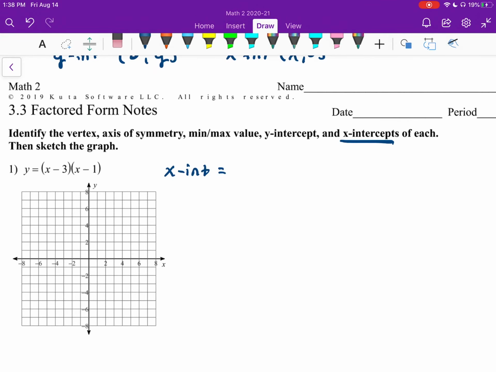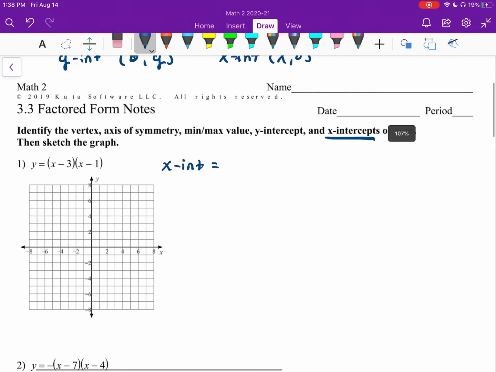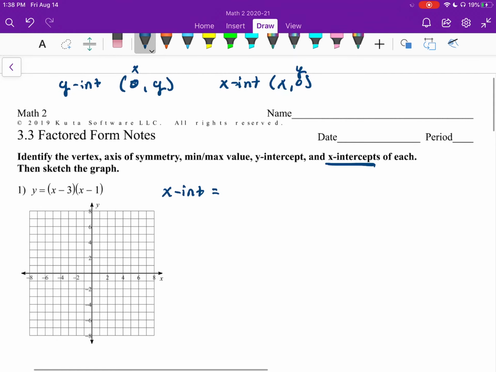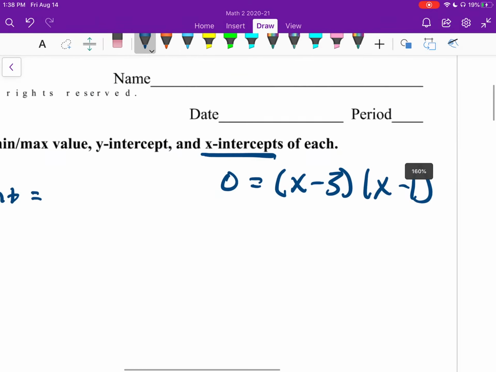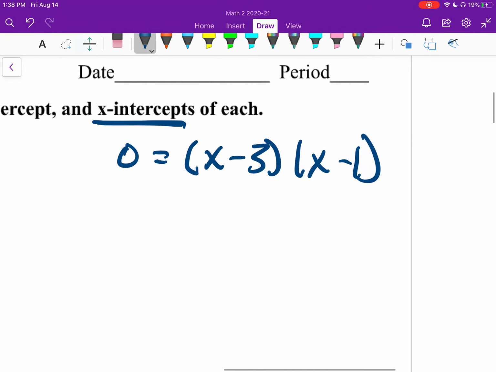Okay, so to start off finding x-intercepts, we're going to use that idea that I talked about up at the top, where your y value is 0. We're going to take the equation in number 1, and set it equal to 0. So 0 equals (x minus 3)(x minus 1). You've probably solved equations like this before.